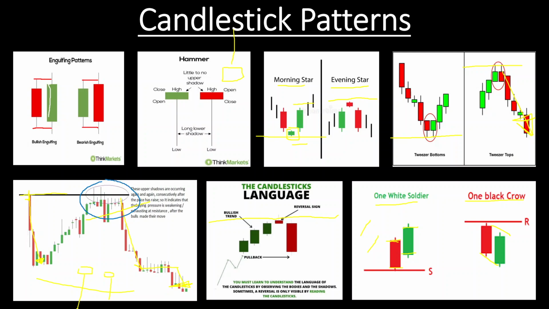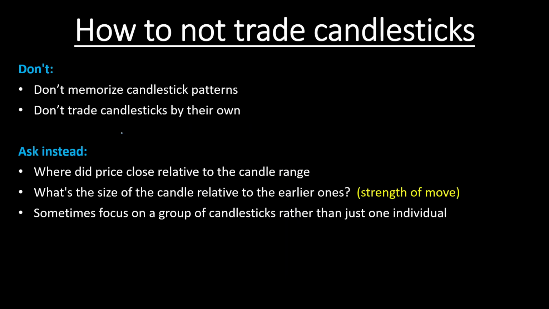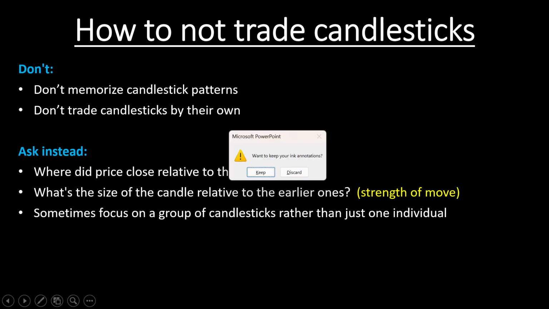Within itself, this is an inverse of a hammer, and here we have indecision, but looking at the entire group and the market structure adds so much more than simply looking for one white soldier or one engulfing pattern. I think it just works so much better. So that's it really. I hope you got something out of that.